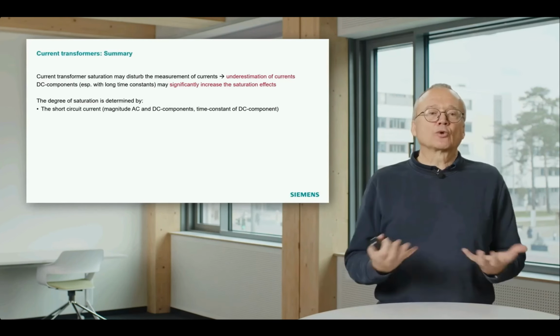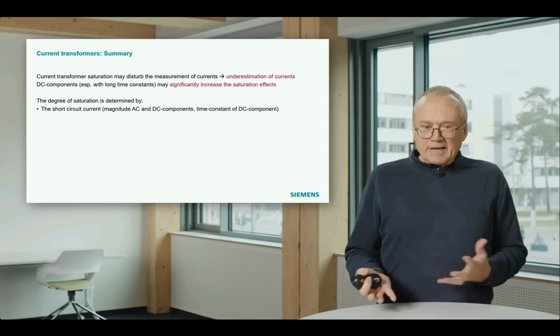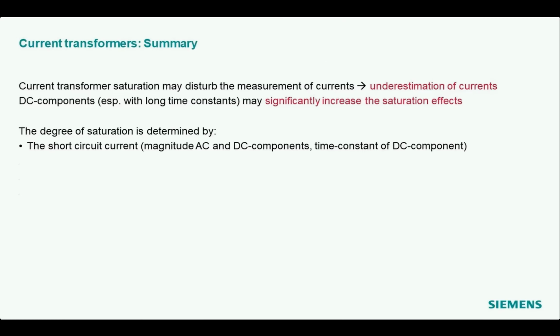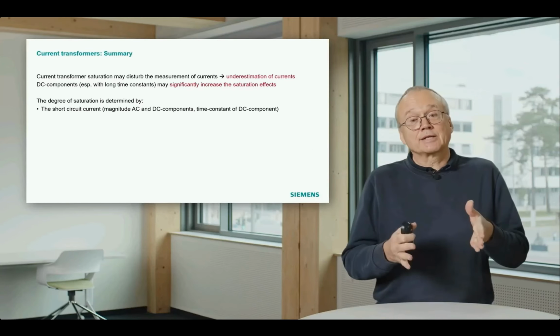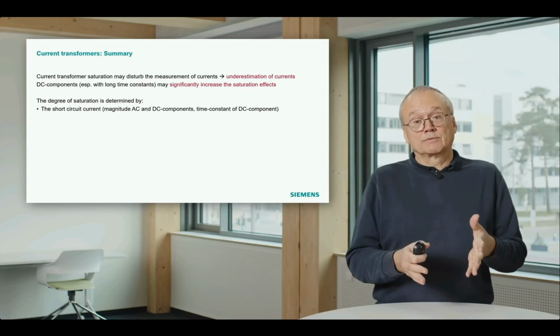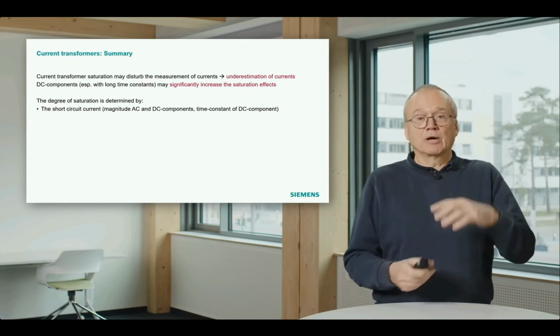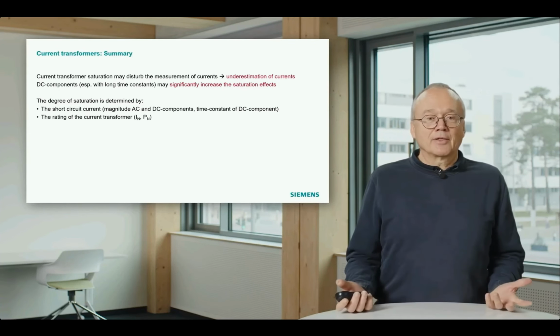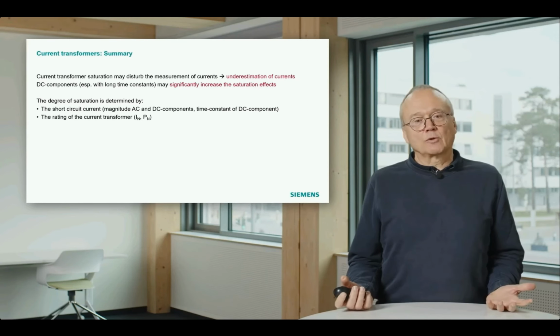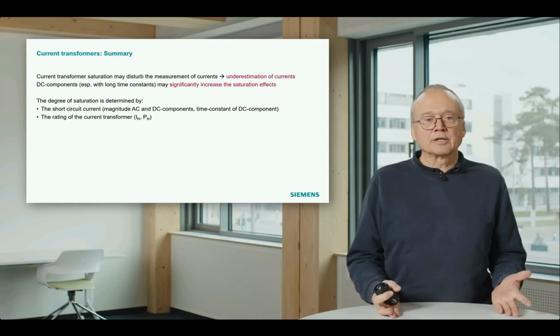That means we have to figure out how saturation is determined. What we learned up to now is that the short circuit current determines the degree of saturation: the magnitude of the current, and the DC component, its time constant and its amount. Then, of course, the rating of the current transformer. What is the nominal current?